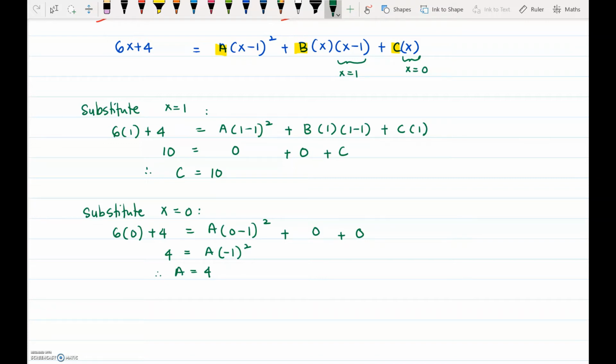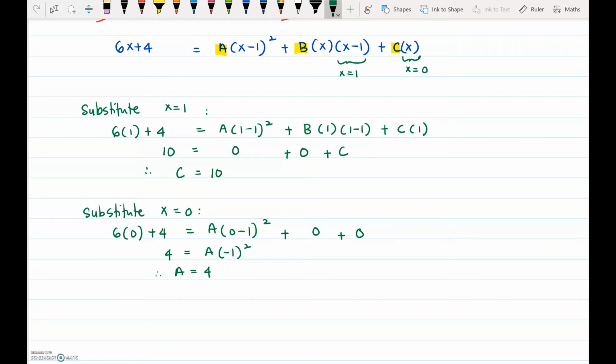Okay, alright, for the third one, to find b, you don't have any other factor that you can eliminate, right? So what you can do is you can substitute any value of x, and together with b, you have to substitute your a and c.